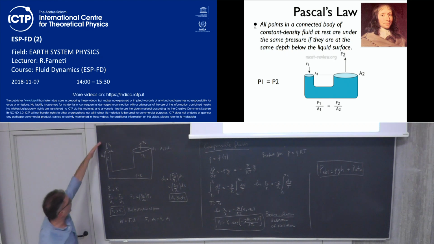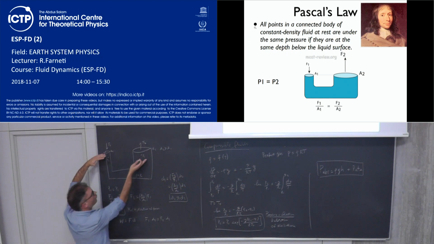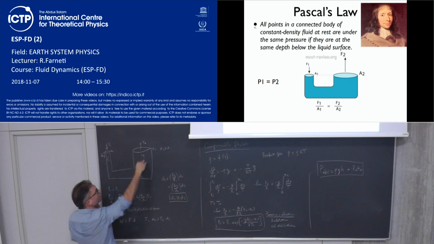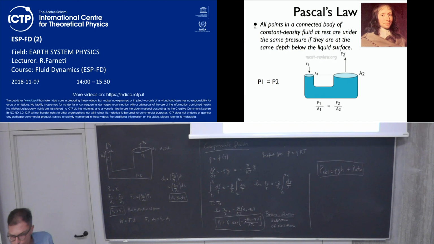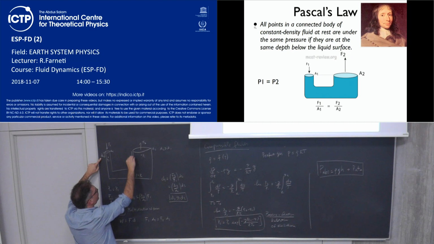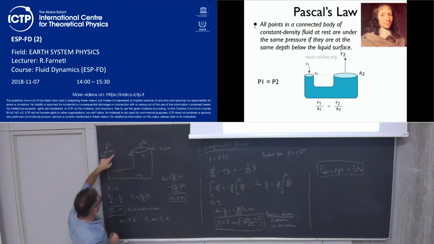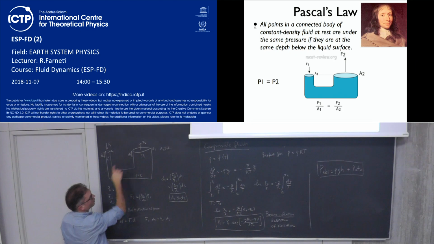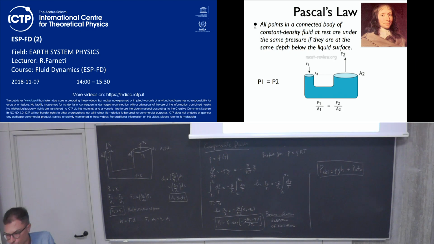So if I apply a force here, there will be a force on the other side of this element, which is much larger than the one that I applied. And in terms of work, F1 D1 must be equal to F2 D2, okay? But F2 is much larger than F1, so D1 is going to be much larger than D2 in order to maintain balance.